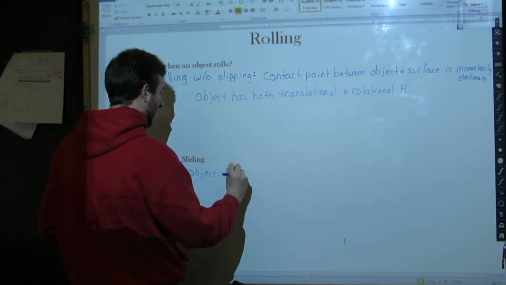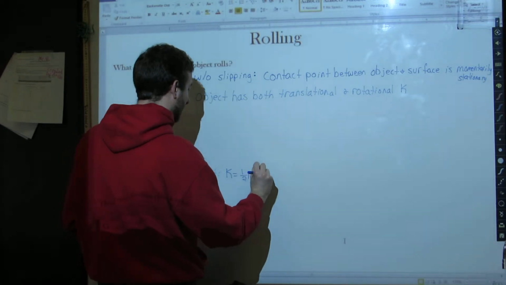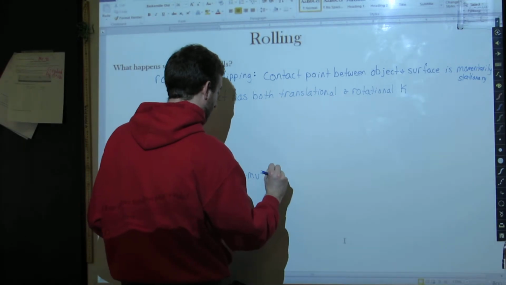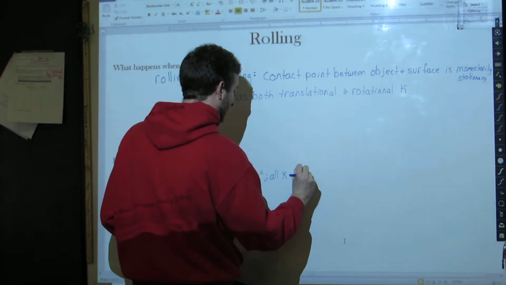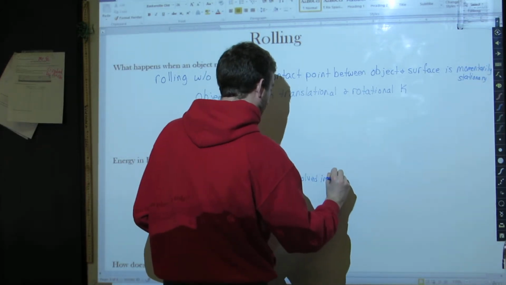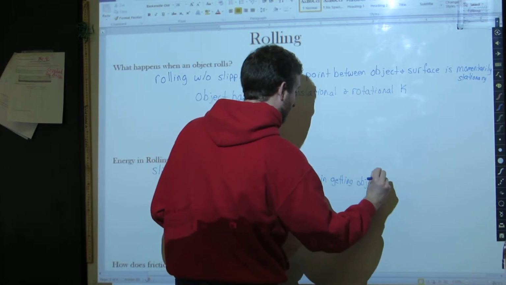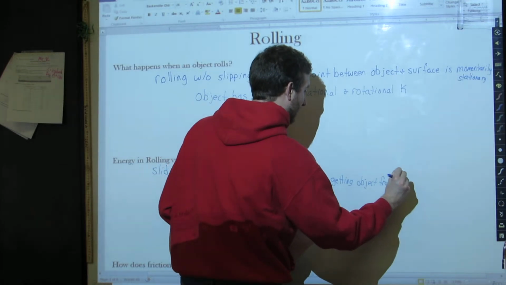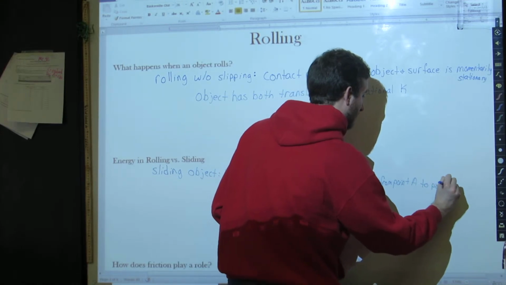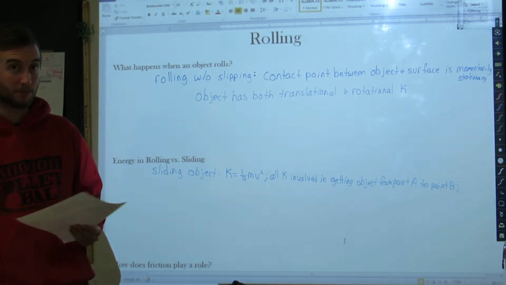We know that for a sliding object, one that's simply translating, the kinetic energy equals 1/2 mv squared. This is important because it means that all of the kinetic energy is involved in getting the object from point A to point B. Maybe you've never thought of it this way, but this makes the object go pretty fast.